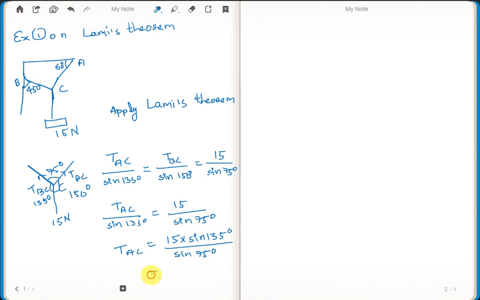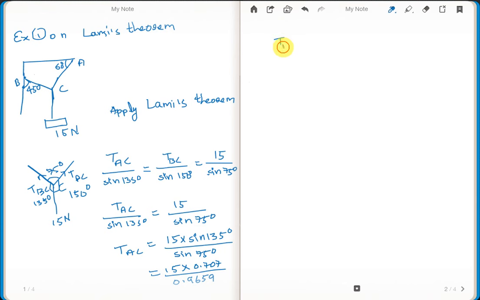Use the calculator to simplify the sines of the angles. Sine of 135 will give you 0.707, and sine of 75 will give you 0.9659. Simplifying again, TAC is equal to 36.6 newtons. Try to check the value.